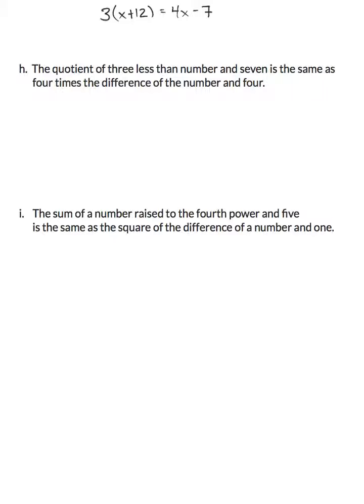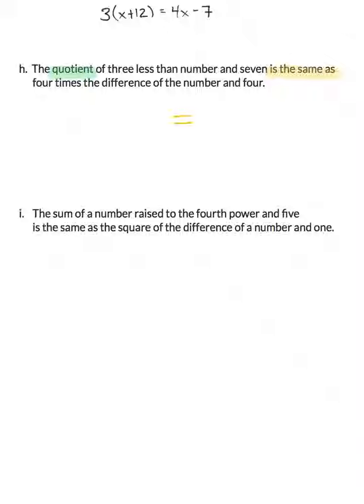So the first thing that I notice is I do have an equation. Over here I have my phrase is the same as, and that is going to be my equal sign. So let's go ahead and start on the left side this time. We have the quotient of 3 less than a number and 7. This one is also going to have implied parentheses, depending on how you write it.